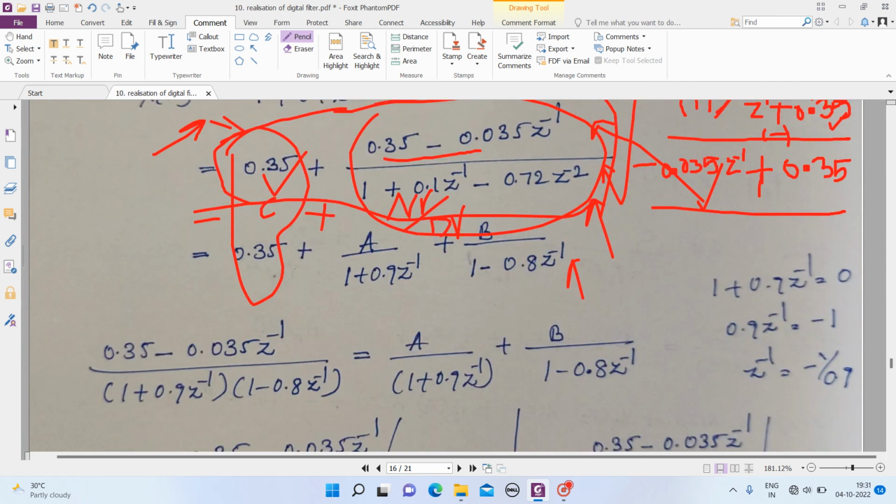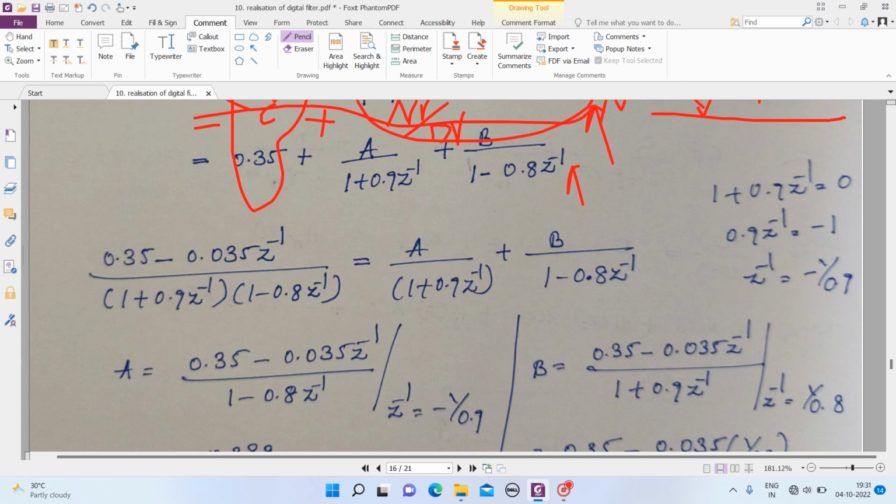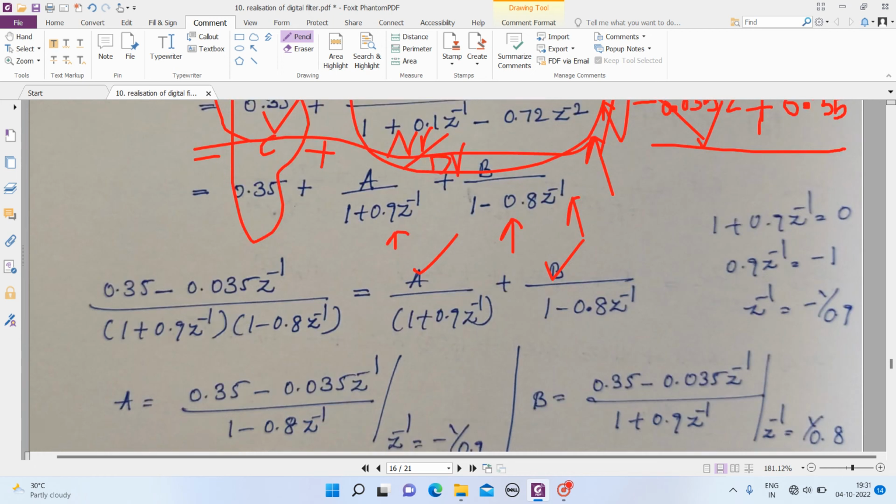You know the partial fraction method very well, so there is no need to teach it. Using a calculator, find the denominator roots. You will get these two roots. Thereafter you have to find the A and B values.